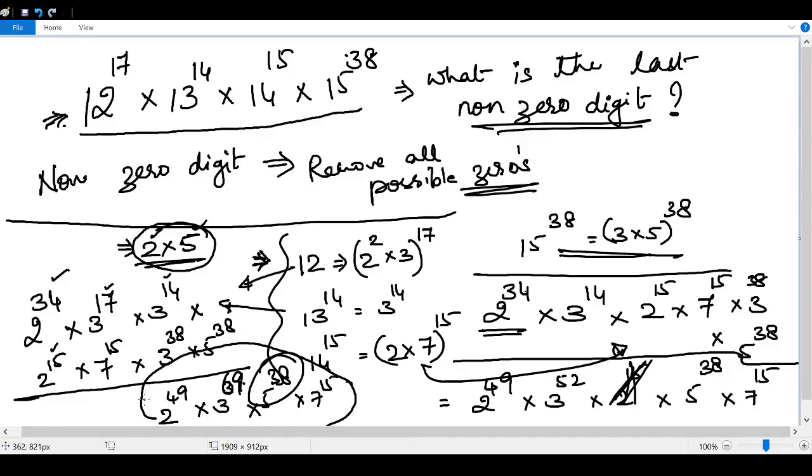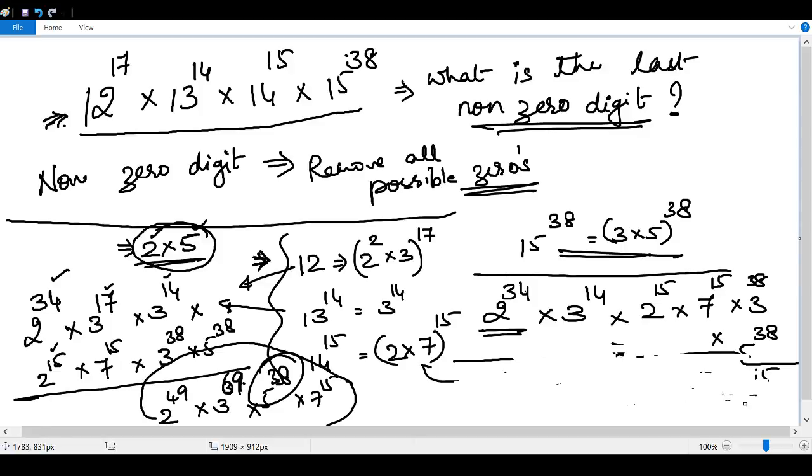So you will remove these 5s and that many 2s. These 38 5s and 38 2s will give you that many zeros. When you remove 38 5s and 38 2s, what are you left with? I'm going to erase this because a mistake was made here. You are now left with 49 2s and 38 5s. Will it generate 38 zeros?